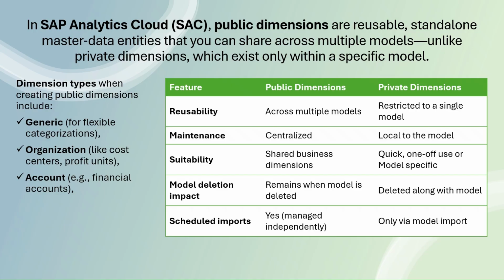There are three different dimension types you can create when you create a public dimension table. First is generic, second is organization, and third is account. Generic is a very flexible dimension: when you are not able to understand the final intention or utilization of the dimension, then specifically choose generic.